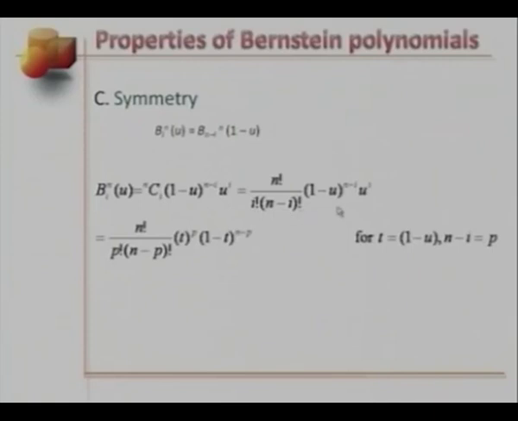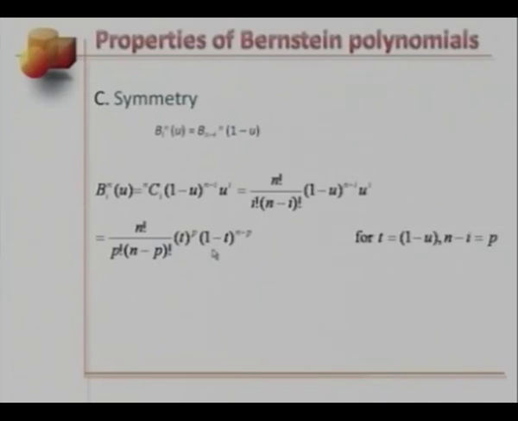This expression is equal to factorial n over factorial p times factorial n minus p, times t raised to p times (1 minus t) raised to n minus p, if we replace 1 minus u with t and n minus i with p here.